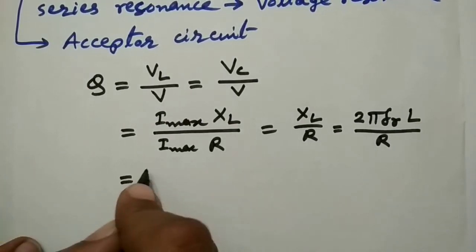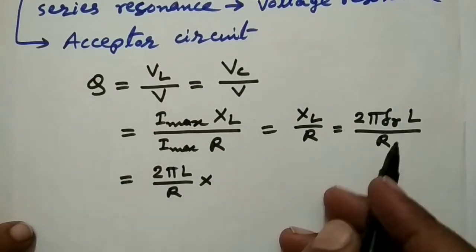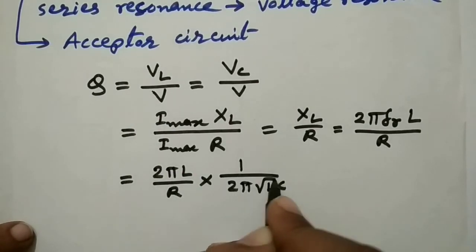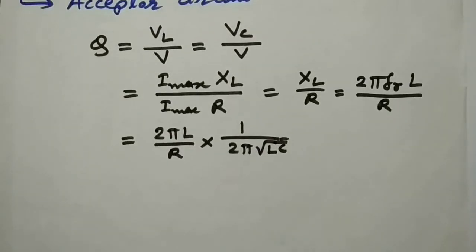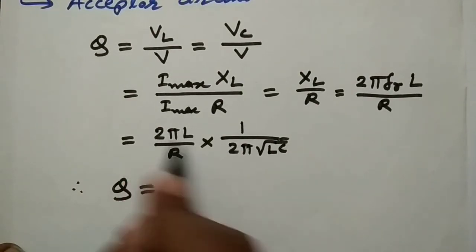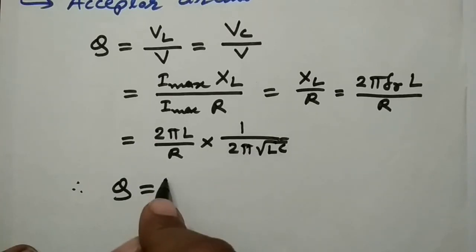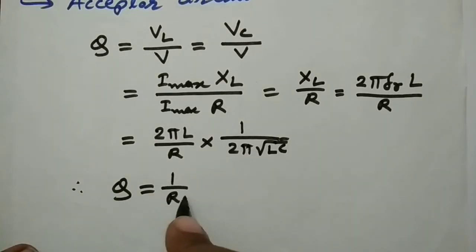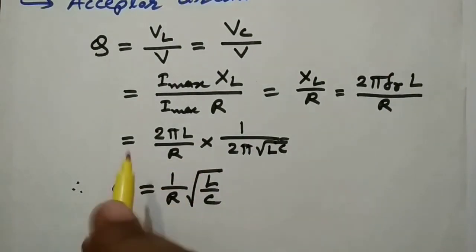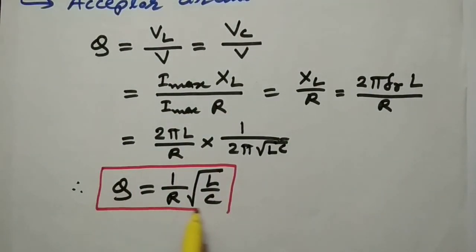So it is 2 pi fr L upon R, and we know that the resonant frequency is 1 upon 2 pi root LC. Therefore, 2 pi will be cancelled, and L becomes the square root of L. So quality factor is 1 upon R root L upon C. This is the expression of the quality factor of a series RLC circuit.